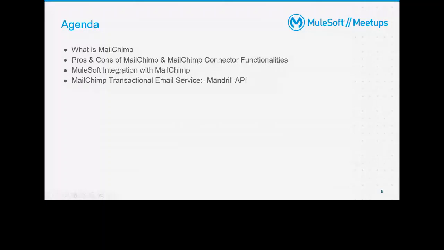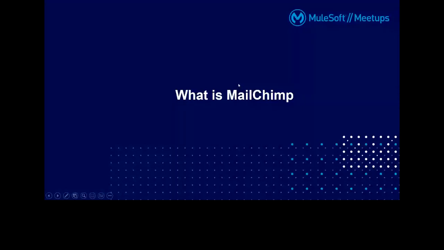After that we will see a demo of the integration with MailChimp. If time remains, we will talk about the MailChimp transactional email service offering, which is for sending transactional emails. This email service is called the Mandrill API.